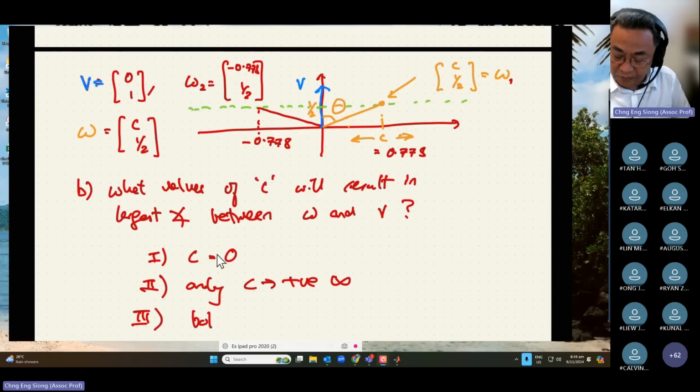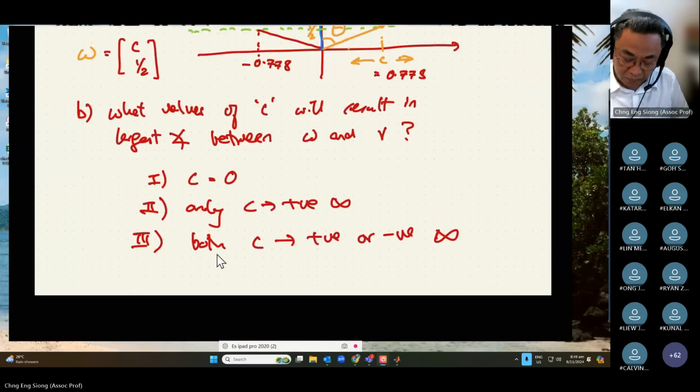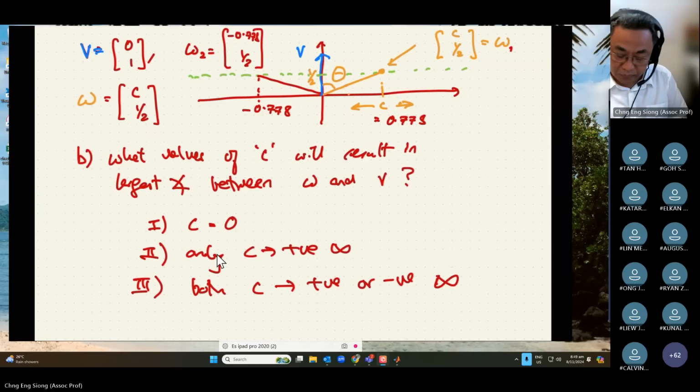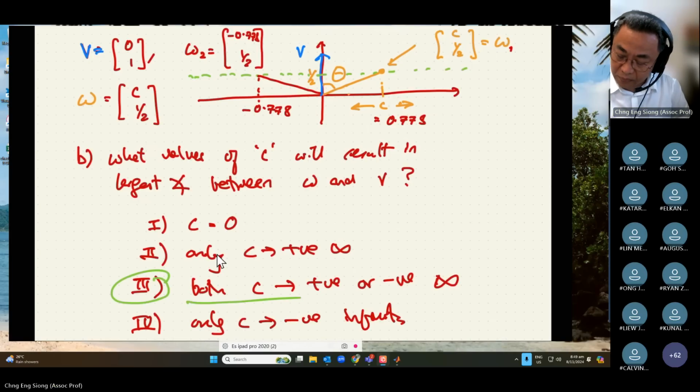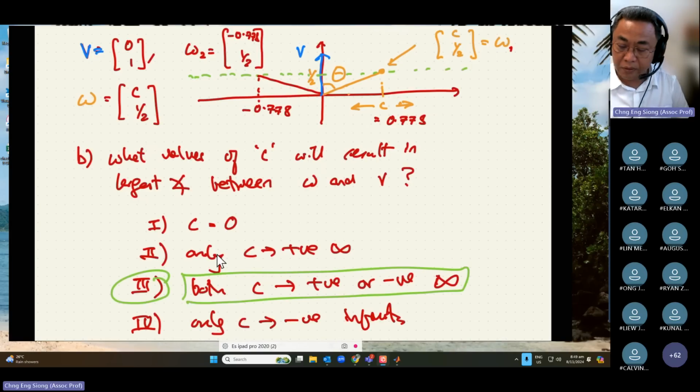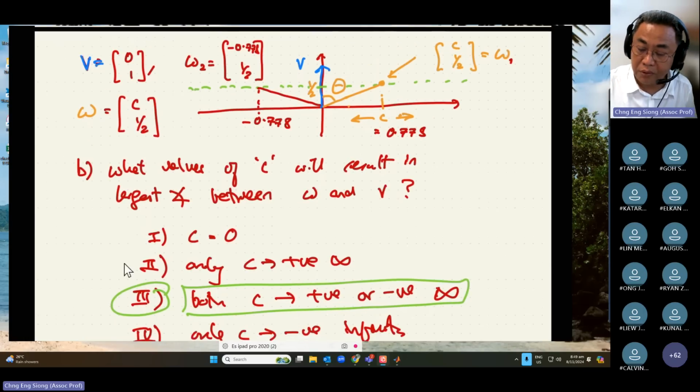Both C tends to positive or negative infinity. Or only C tends to negative infinity. And the correct answer, of course, is... okay. Why pi over 2?